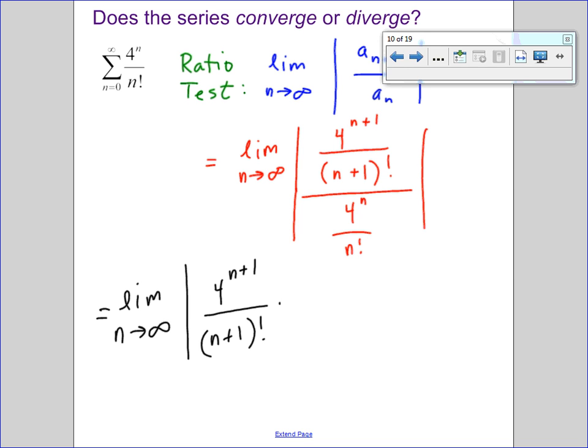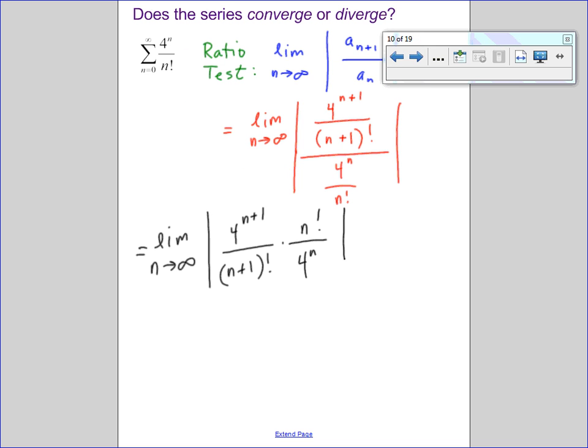And instead of dividing by this fraction, I'm going to multiply by the reciprocal. That is, multiply by n factorial over 4 to the n. Does everybody see it? So all I've done is flip the denominator and multiply by the reciprocal. Now we're going to go ahead and do some simplifying.